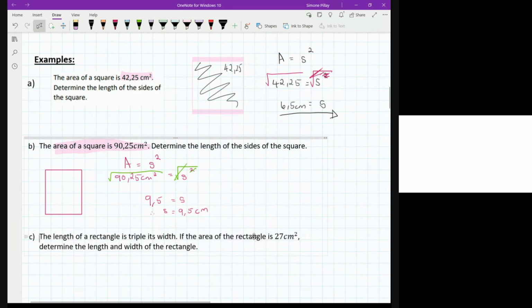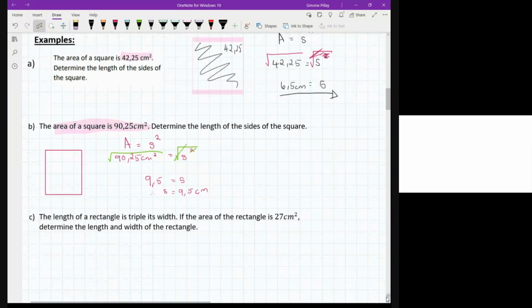Okay, and then we have our last one here on this page. It says the length of a rectangle is triple its width. If the area of the rectangle is 27 centimeters squared, determine the length and width of the rectangle.